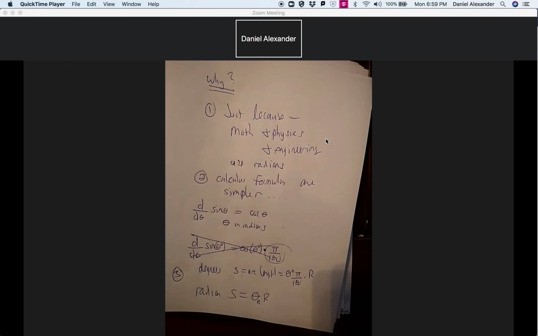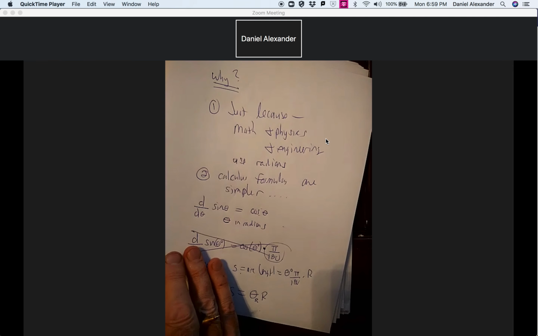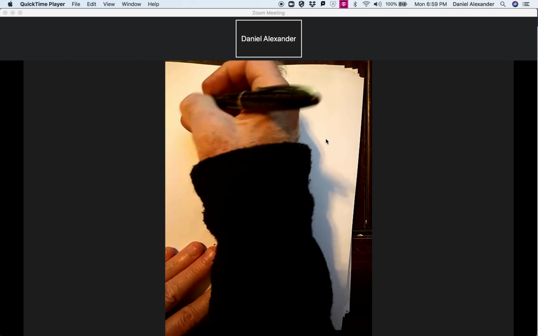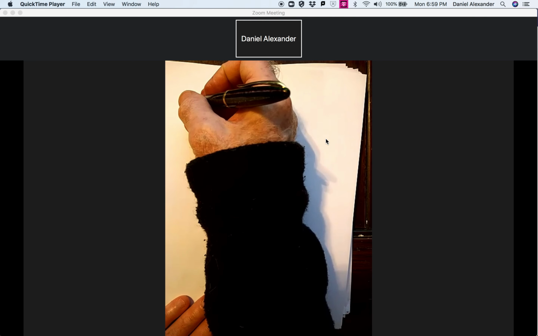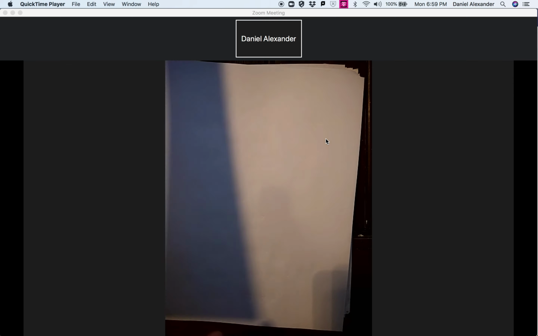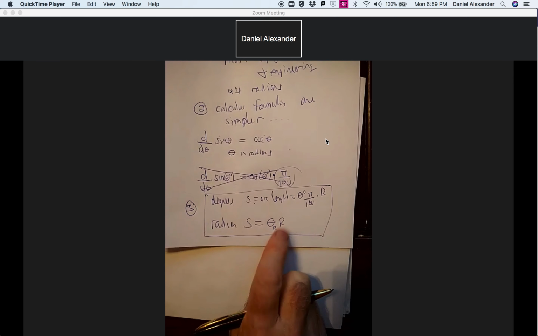So to me, this is the main reason we use it. I'm going to do some examples in a second, and later I'll show you why that arc length is in radians. I'm just going to leave that for now.